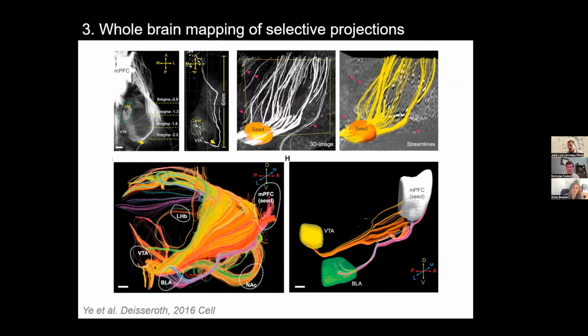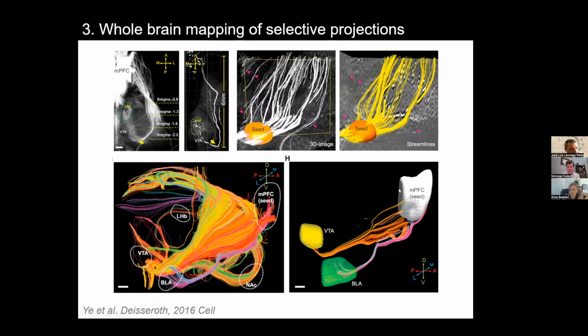Okay, then the important point when you do whole brain imaging, and it's the bottleneck of these approaches, is the tracking and analysis of these fibers going from one region to the other. So there's one very nice study that has been published quantifying these fibers, and they used an algorithm based on DTI analysis from humans, and they were able to map the projection from the mPFC to multiple downstream regions.